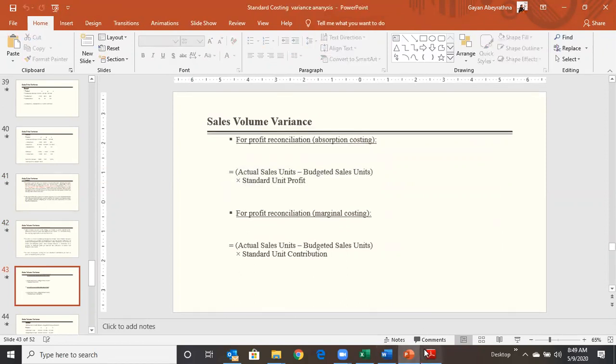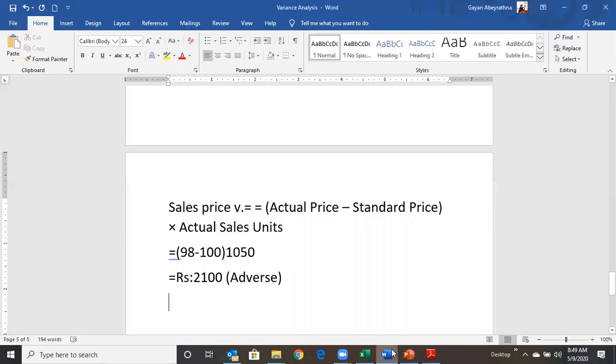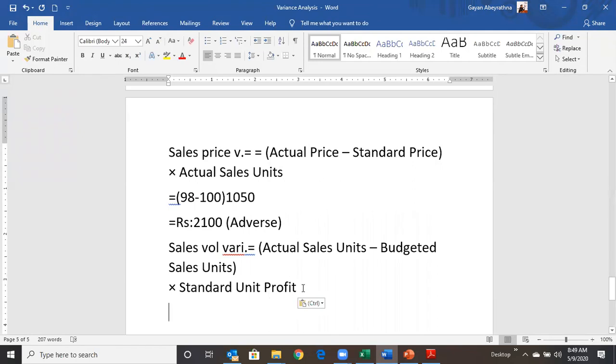Sales volume variance you can calculate: actual sales units minus budgeted sales units into standard selling price.